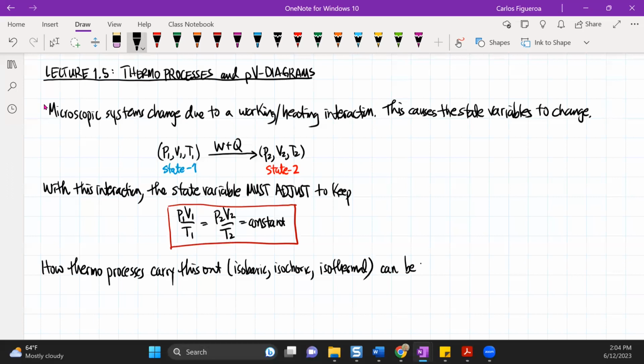These can be visualized with a piston. I see that I spelled visualized incorrectly.